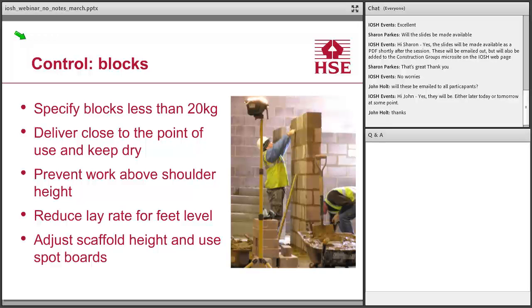Obviously, blocks do have to be laid at foot level because of the footings and foundations, and therefore the rate of lay should be reduced. This actually happens as part of the normal work process because they're setting out and making sure the bottom couple of courses are very accurate, so the rate of lay is always lower at that level.